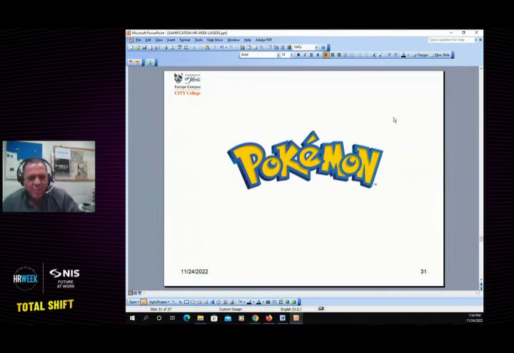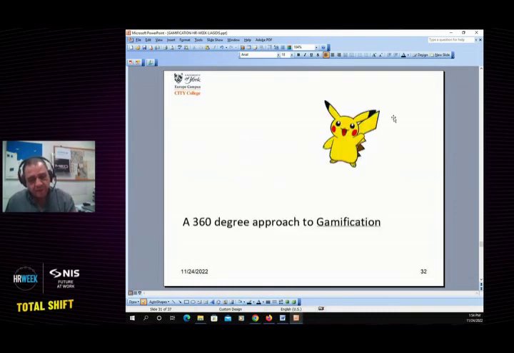And we went all crazy for a couple of years looking after Pokemons. And they still exist, but maybe we're not so crazy about it. That was based on a real game that many enterprises, and I'm talking literally millions, made something good out of. So it's what we call a 360-degree approach to gamification.